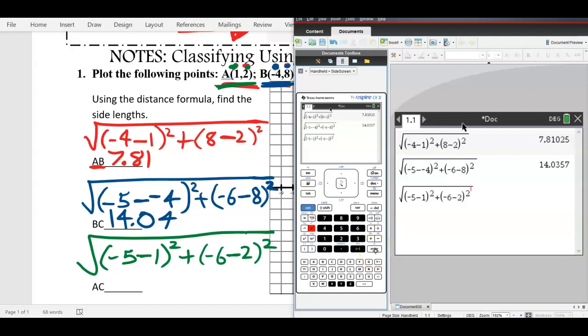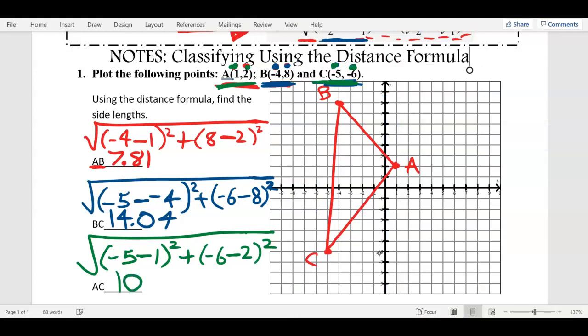You can type those in, you can get your answer, which is actually a nice non-decimal number, a whole number, 10. So I know all 3 sides.